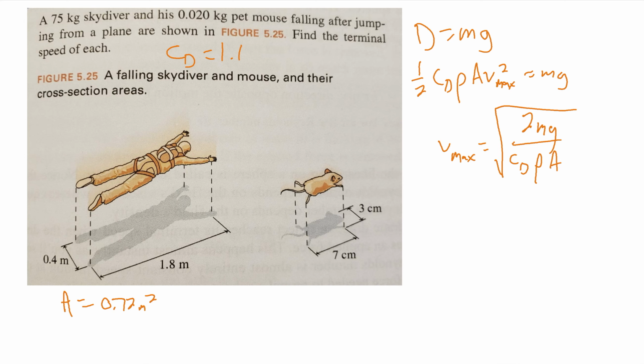And how about the mouse? Remember that's in centimeters, so we want to convert it to meters. So 0.07 meters and 0.03 meters, that's 0.0021 meters squared.